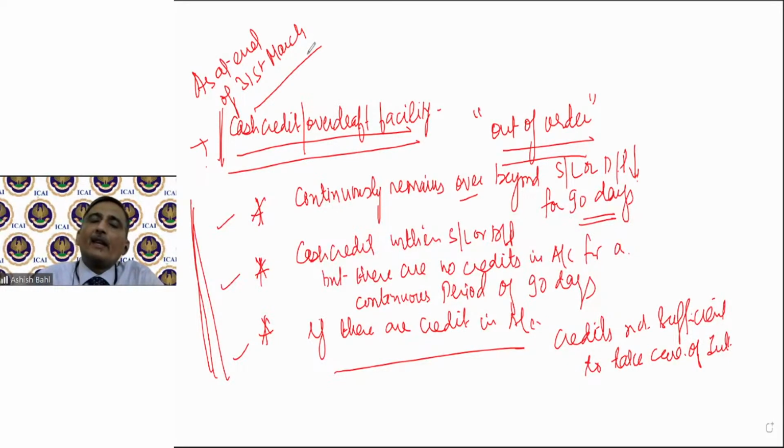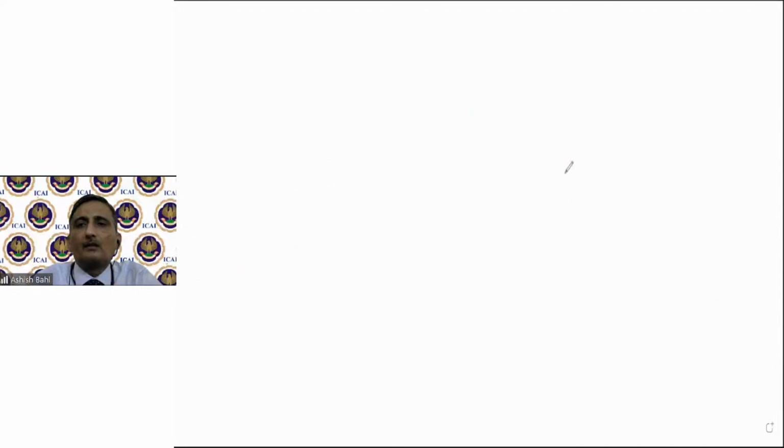Then, if there are no credit operations in the account continuously for a period of 90 days ending on reporting date, then also the account becomes out of order. Okay. So clear, guys?